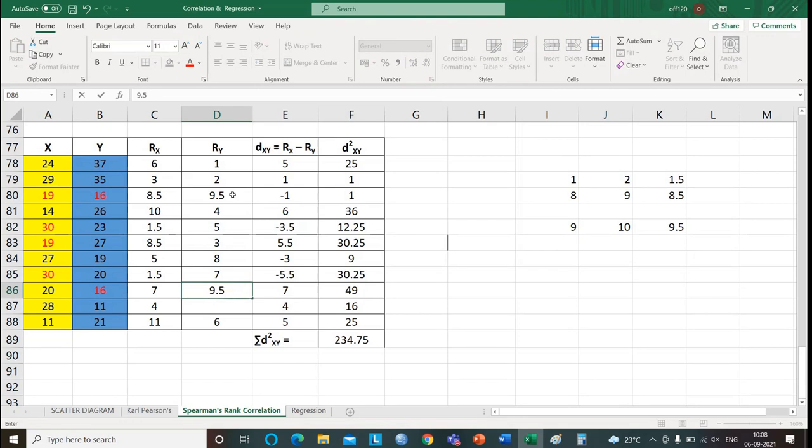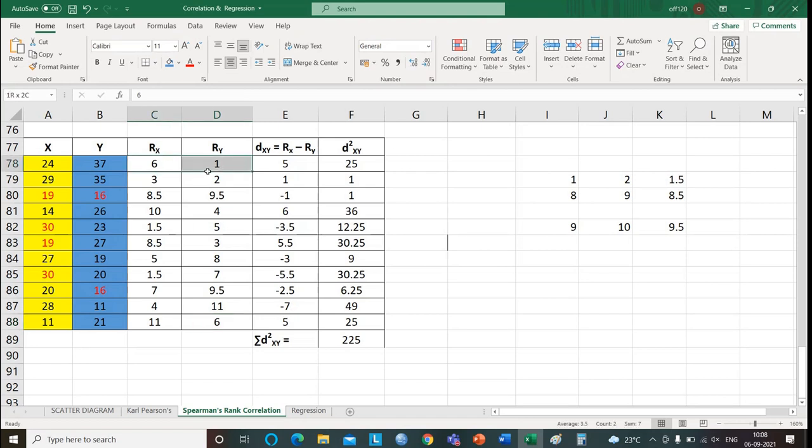So 9 and 10 are finished. What is the remaining rank? 11. The number of observations is 11, and the highest rank is also equal to 11.